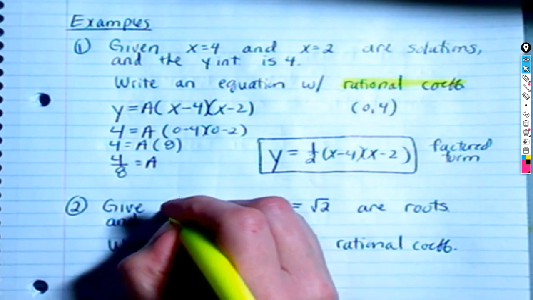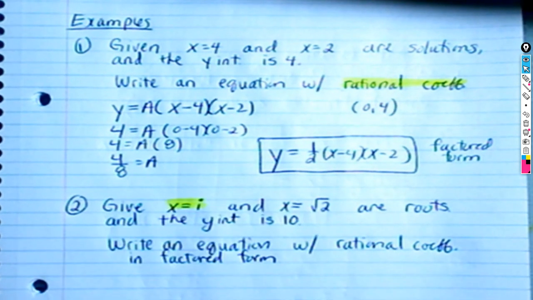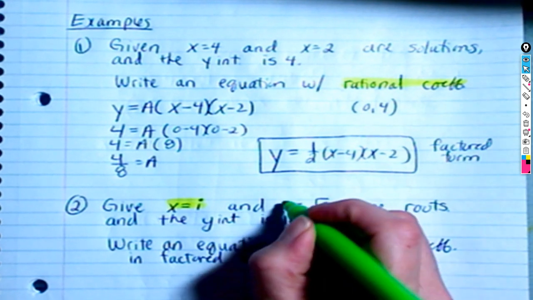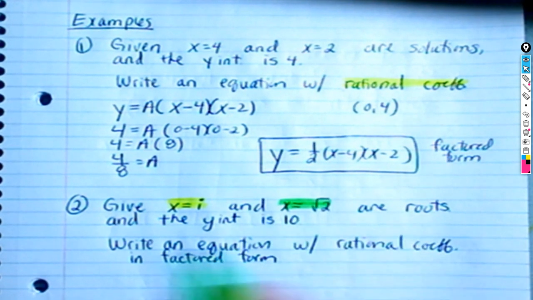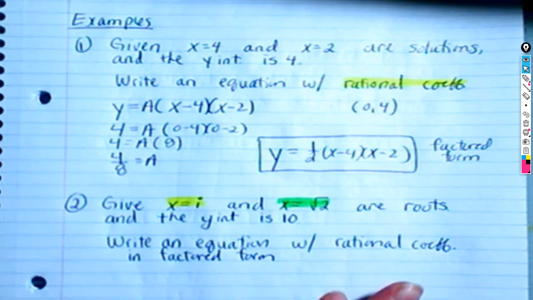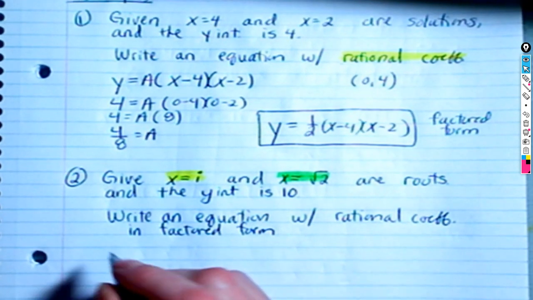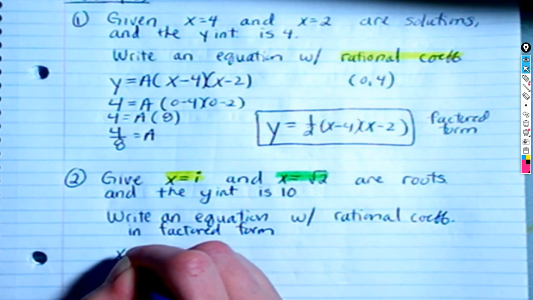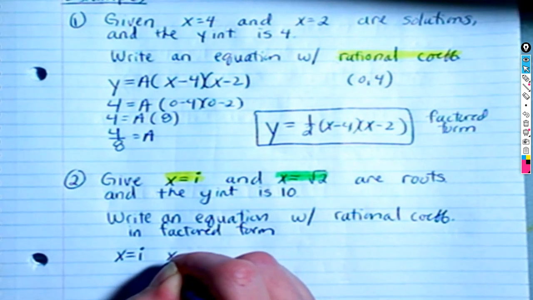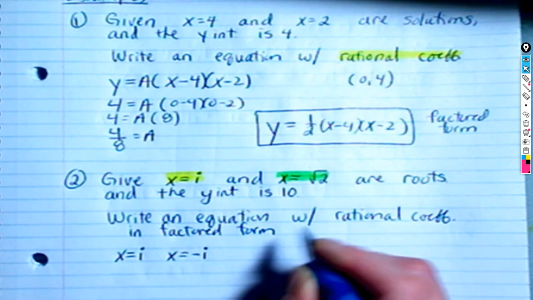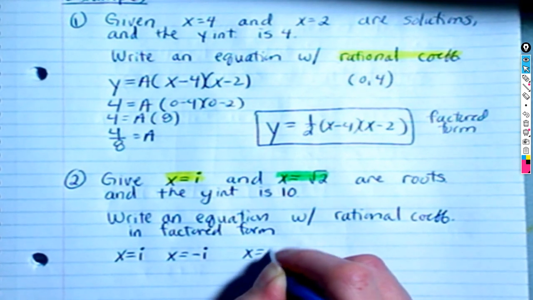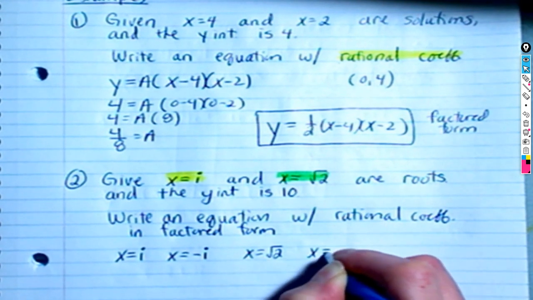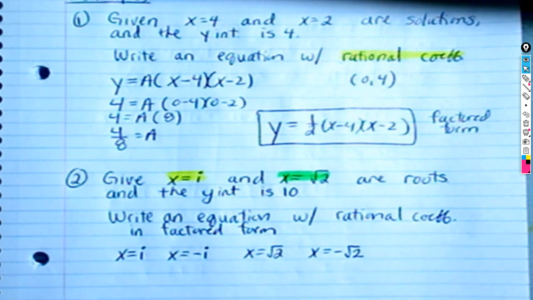Okay, so I'm going to take my information. I've got i, I'm highlighting because it's an imaginary solution, and root 2, I'm highlighting because it's a radical solution, which means that I need to figure out the conjugates, and I'm just going to write them, separate them out. x equals root 2, x equals negative root 2.